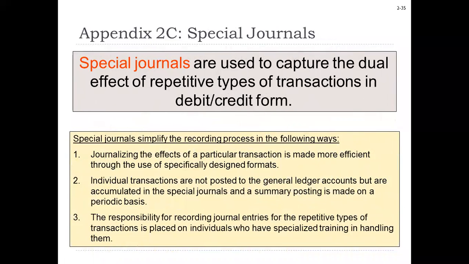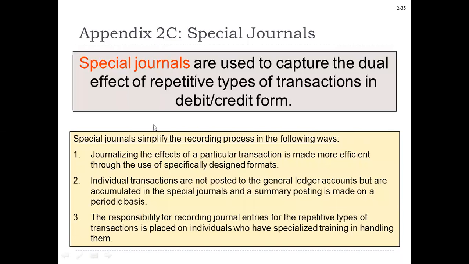Special journals: rather than putting everything in the general journal, oftentimes we use special journals to record a particular kind of transaction. So an example of a special journal may be a cash disbursements journal. Cash disbursements journal is a journal where we keep track of all of our cash disbursements, sort of like a book register.